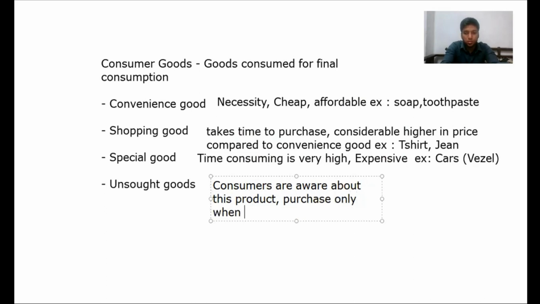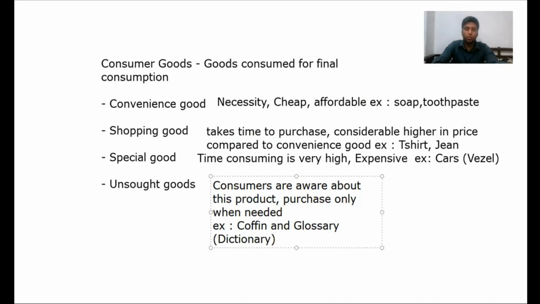So you can say example, and glossary. So glossary means dictionary, guys. So these are the four types of consumer goods you need to remember when you are writing an exam.